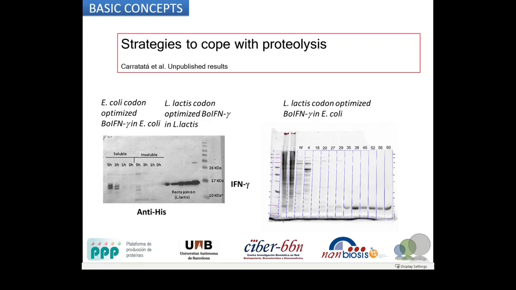And surprisingly, when we took this same codon optimized gene for Lactococcus lactis and we transfer that DNA, which gives rise to the same protein as this other gene, our surprise was that in that case, in E. coli, we could obtain this full-length protein, in the same expression system in which at the beginning we were not able to obtain this protein in a quality good enough for the purpose of the experiment.